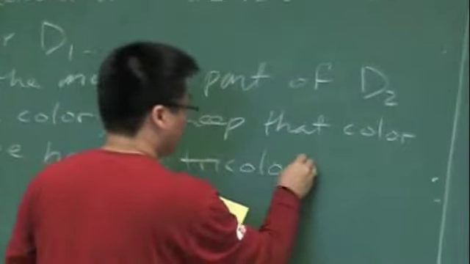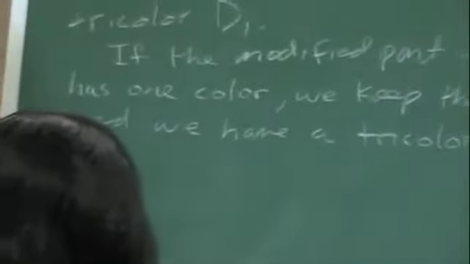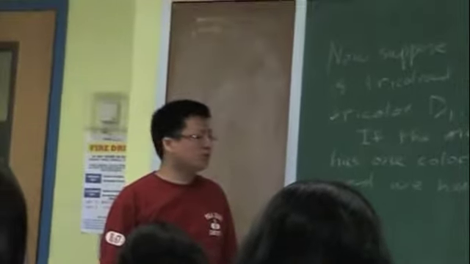Here there's no need to be too careful; we could keep saying is there at least two colors, but let's just say we have a tricoloring for the same reasons as before.